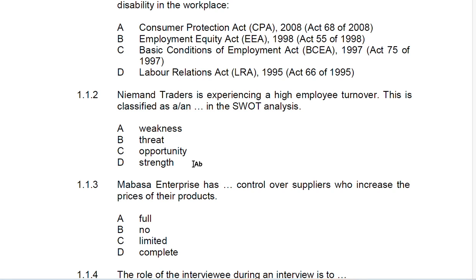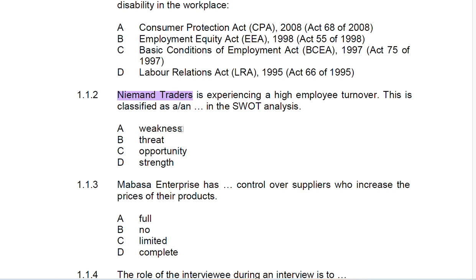So this is happening internally. The issue of employee turnover is happening internally inside the business. It is not an issue that is faced by the industry, but it is an issue that is experienced specifically by the company that you are looking at. So now, when you look at all those answers that you've been provided, you can agree with me when I say the correct answer to this question is weakness.